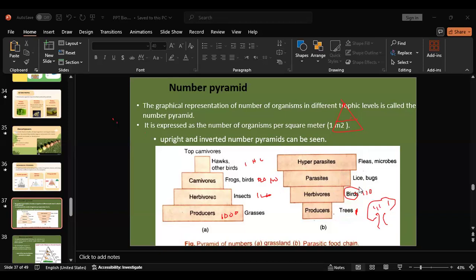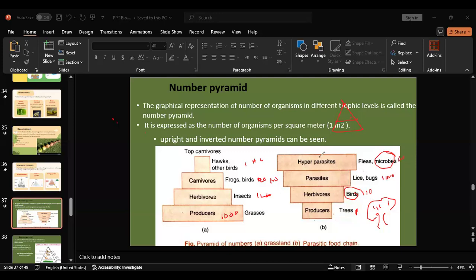In the birds, parasites like lice or bugs are present. A lot of lice are present there, like 100 or 1,000, and microbes are present on the lice, so it will be more and more, more than 10,000, for example.